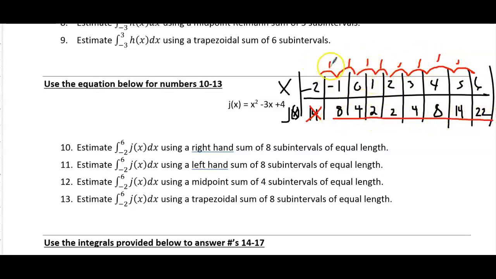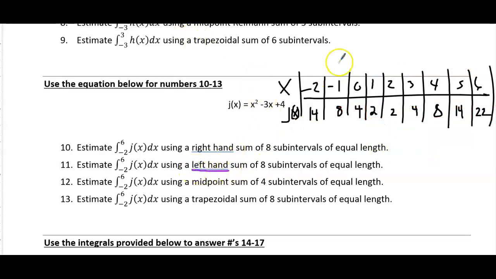So if I multiply each base by each height, basically 1 times 8 is just going to give me 8 for the area, and then 4, then 2, then 2, and so on. So all these are the areas of the rectangles that I need to add up. And if I add all those up, I would get 64. Let's go ahead and do the next one.